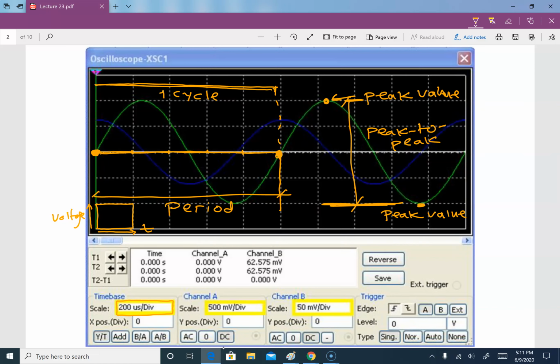Since each division is 200 microseconds, we have 5 divisions: 1, 2, 3, 4, 5. So 5 divisions times 200 microseconds per division gives 1000 microseconds. So our period, which is T, is equal to 1000 microseconds.